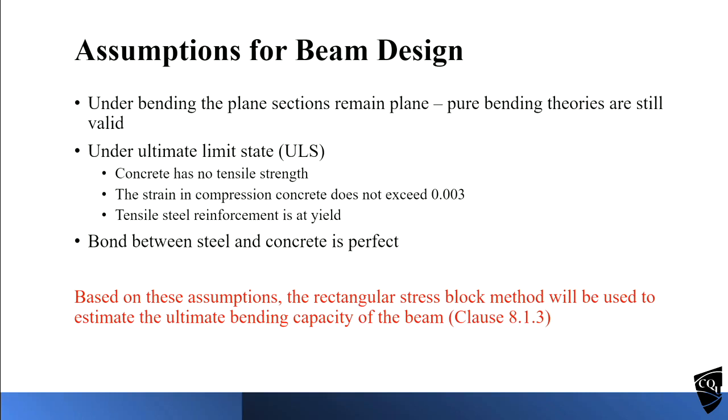And then we also have some additional things. The last one is the bonding between steel and concrete is perfect. What does that mean? When you put the steel, the concrete and the steel have a bonding.